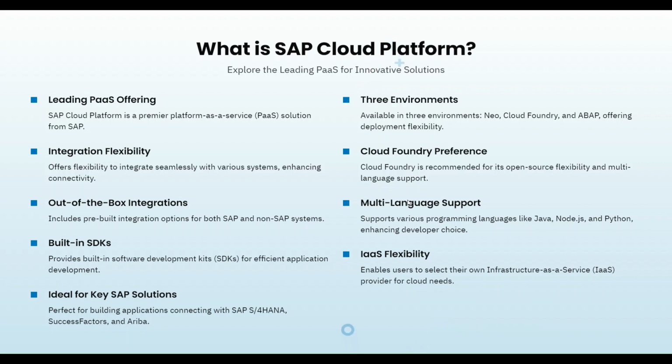You get out of the box integration options, meaning you won't have to spend time developing everything from scratch. Whether you want to connect with SAP S/4HANA, SuccessFactors, or Ariba, or even non-SAP systems, this platform has built-in SDKs to make development easier.